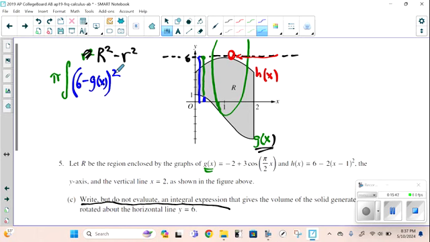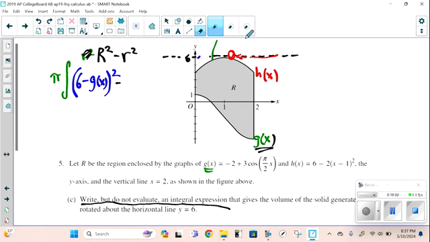Minus my smaller radius. Now for my smaller radius, let's only focus on the smaller curve right here. I've got to take the number 6, from here all the way to here. That's a height of 6.